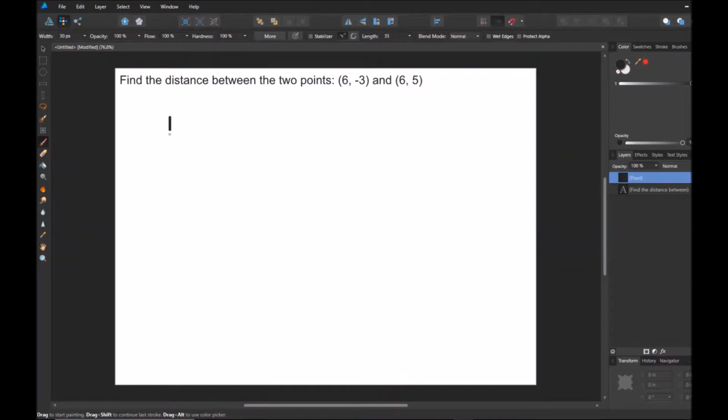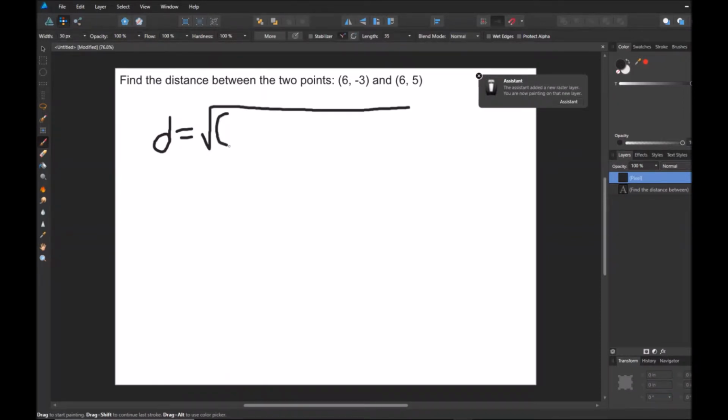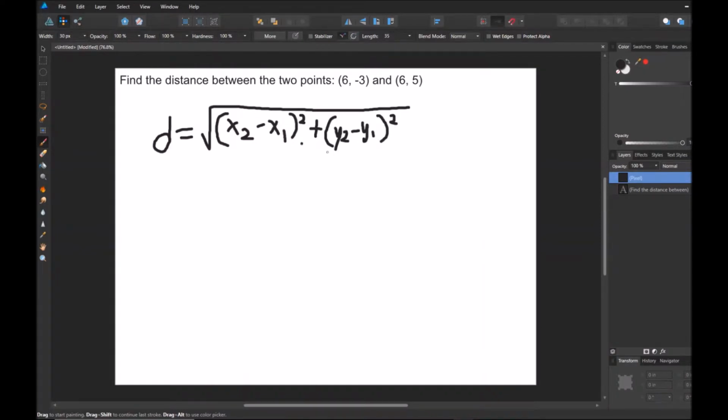So if you don't know the distance formula, it's d equals the square root of x2 minus x1, squared, plus y2 minus y1, squared, where d is your distance and x1 and y1 are your first set of coordinates, and x2 and y2 are your second set of coordinates.